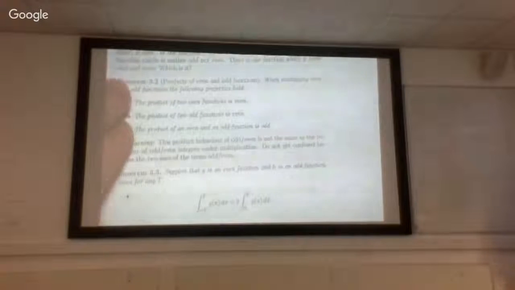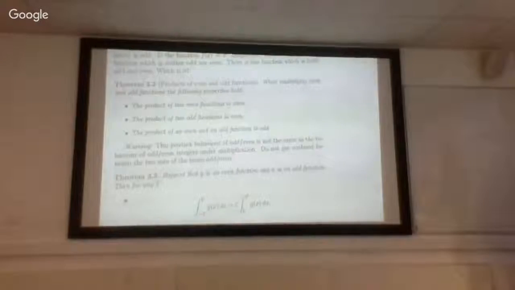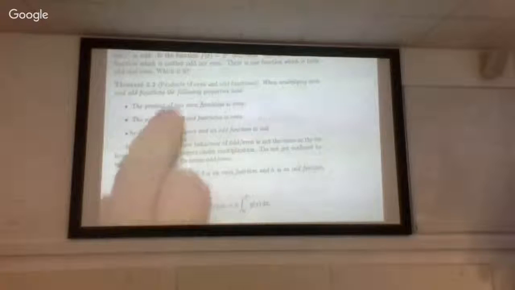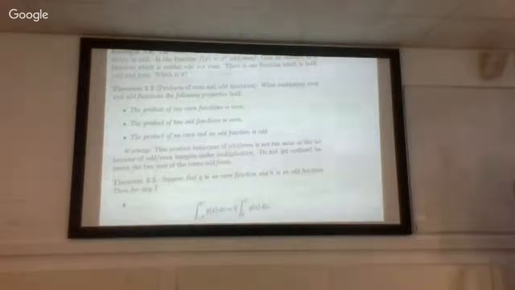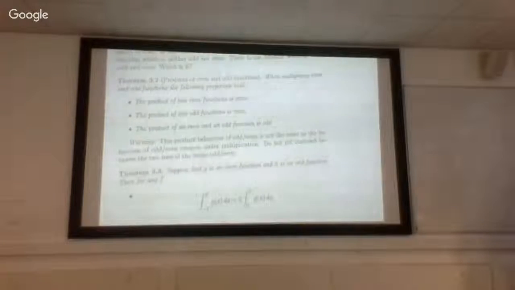Now this is quite confusing because even and odd, as used for integers divisible by 2, does not behave like that. The product of two odd integers is an odd integer. The product of two odd functions is an even function. So it is a slightly confusing double use of terminology, but that's where we are.